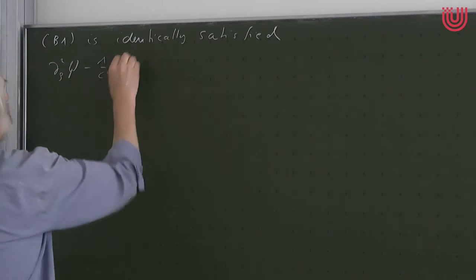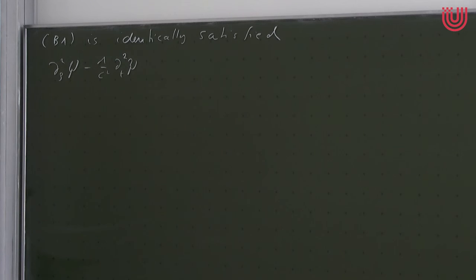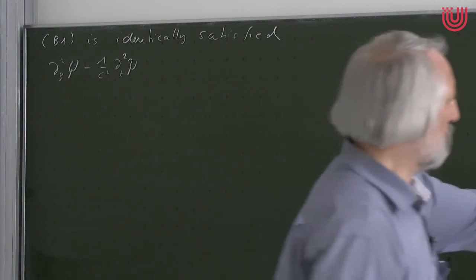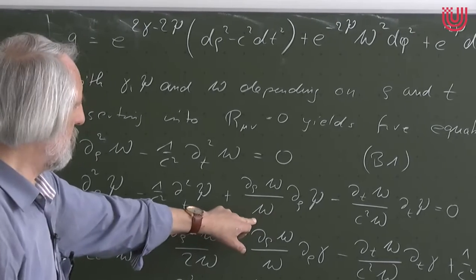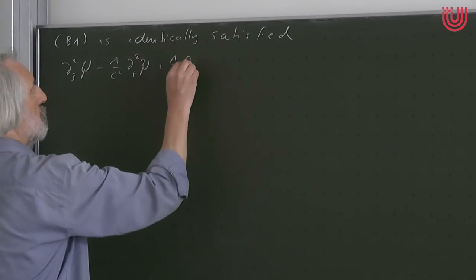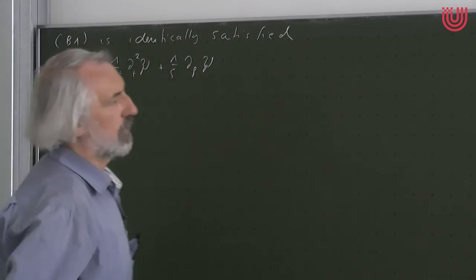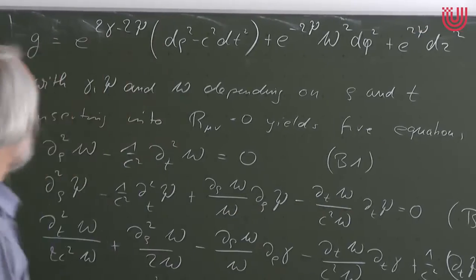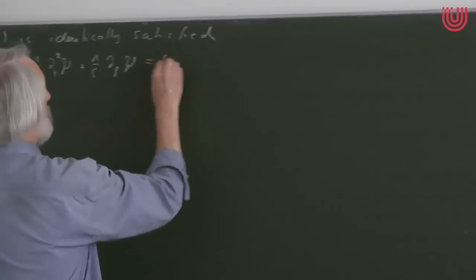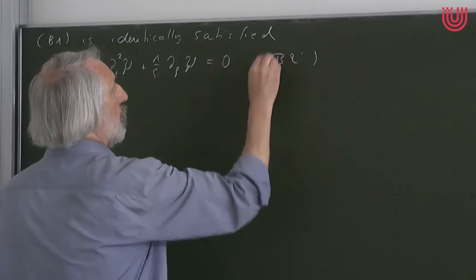Yeah, you have to be careful not to confuse the first derivative squared with the second derivative. Yeah? Both expressions occur all the time. This is a 1, yeah? Divided by rho, 1 over rho, d rho psi. This is a 0. And on the right-hand side, I also have 0. So this is the new version of B2.